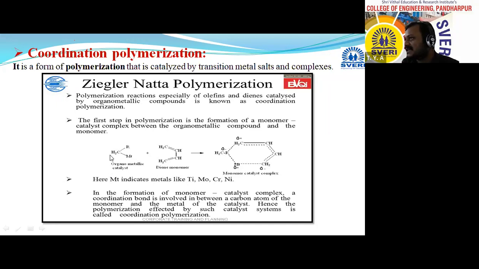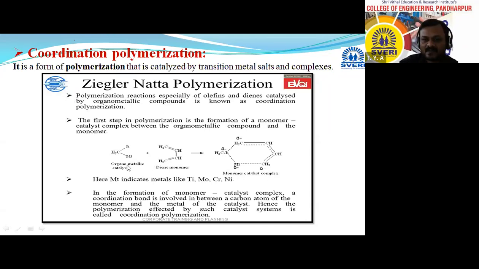It will act as a catalyst to form this polymer. This is the formed polymer. What you have to remember here is that whichever polymerization process it is, it will occur with the help of these transition metal salts. That's why this is termed coordination polymerization.